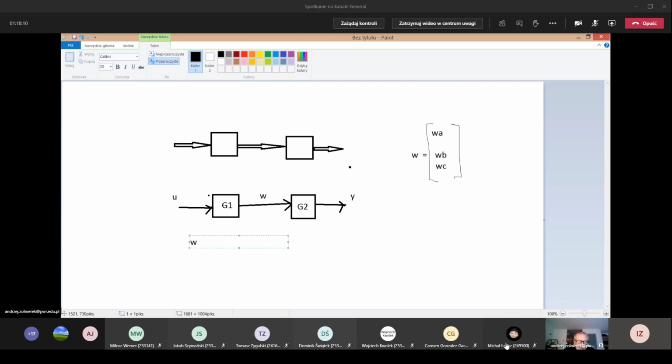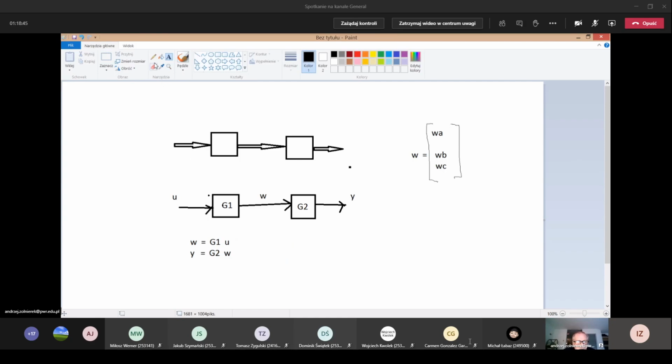It means that the output, in this case W, is equal G1 multiplied by U. And the second equation, of course, Y equal G2 multiplied by W. And I will show you now. Okay, when I'm writing, you cannot see anything, but yes, here it is.